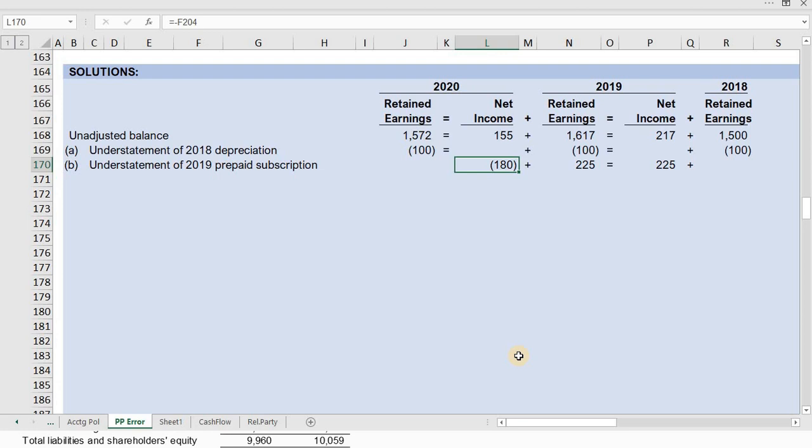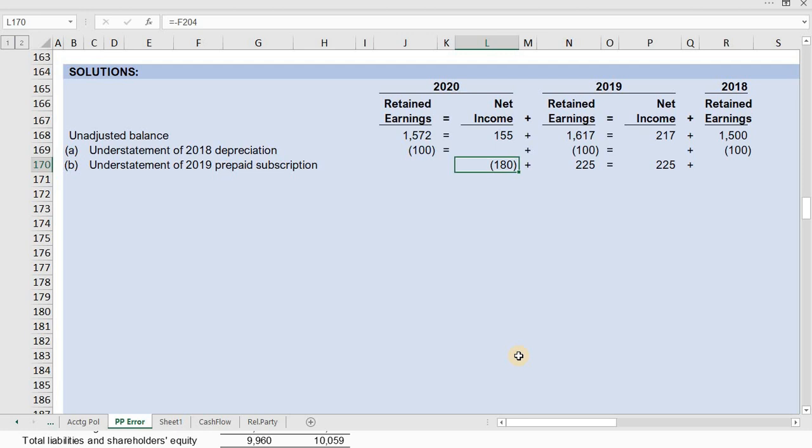Again, out of 225 pesos, only 180 should be expensed in 2020. That is why only 180 pesos should be deducted. The remaining 45 pesos shall be deducted in 2021 net income. So, what is the effect of this error in 2020 retained earnings ending balance?